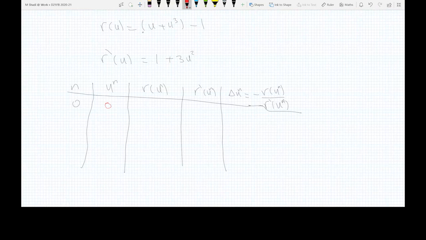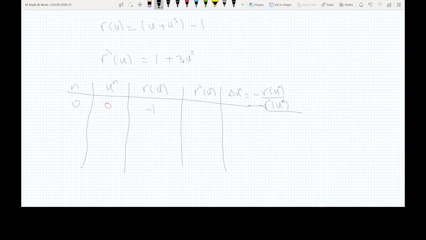So for the value of Ru, I just substitute this 0 in there and here. And for the value of Ru dash, I just substitute this 0 in here. It's as simple as that. So 0 added to 0 cubed minus 1 is going to be minus 1.